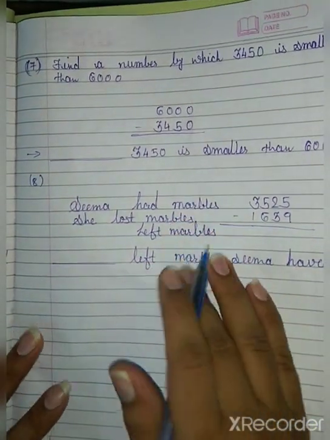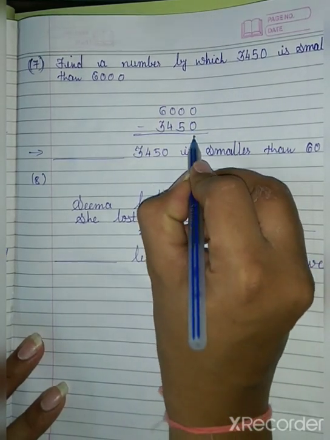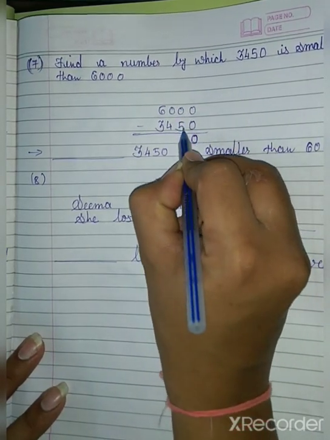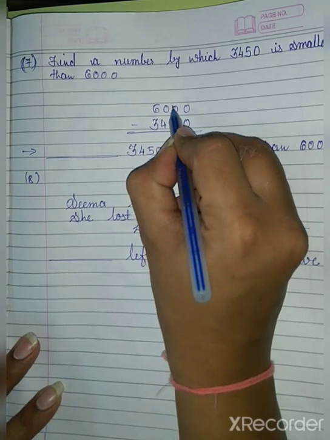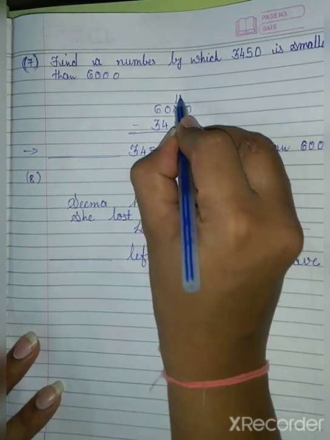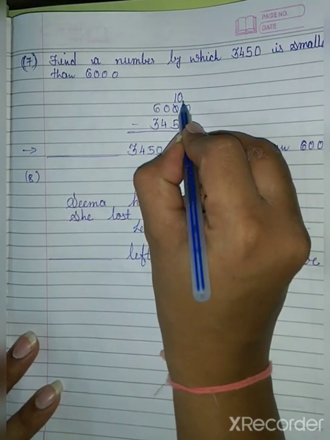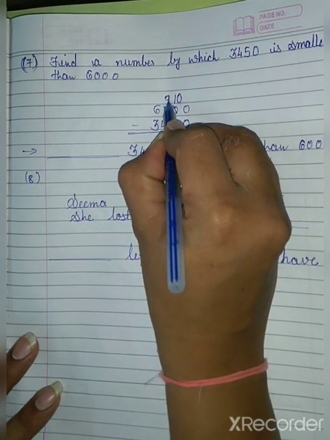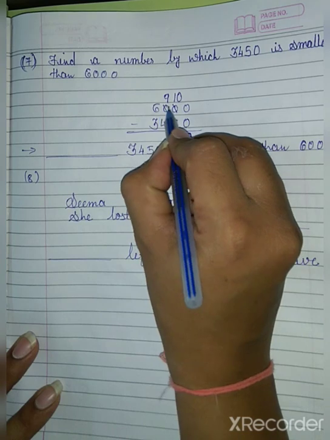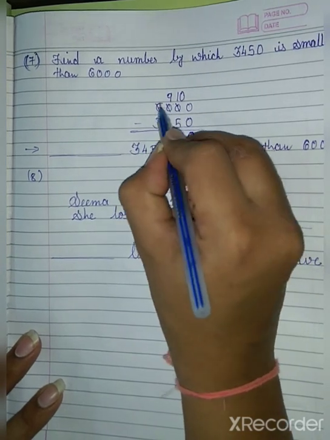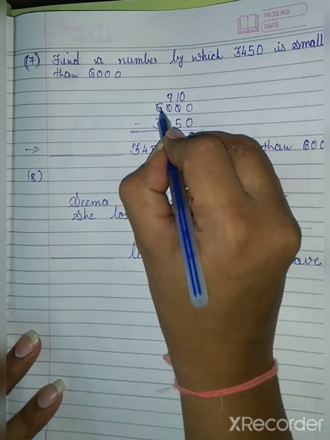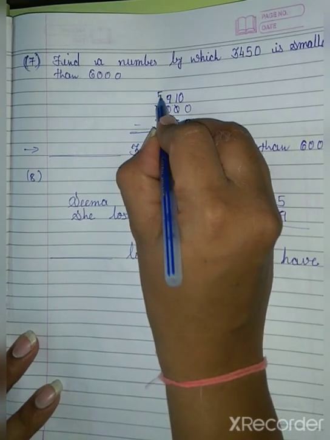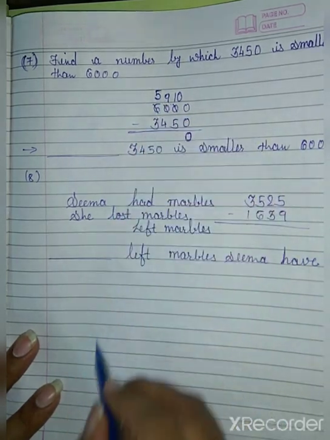Let's do this. 0 minus 0 is equal to 0. 0 minus 5, that is not possible. At that time we have to take a borrow, and whenever we are taking borrow, in the next position we have to subtract one value from there, that means 9. So this borrow is also, that means in the next position we also have to subtract one value, that means 6 minus 1 is equal to 5.